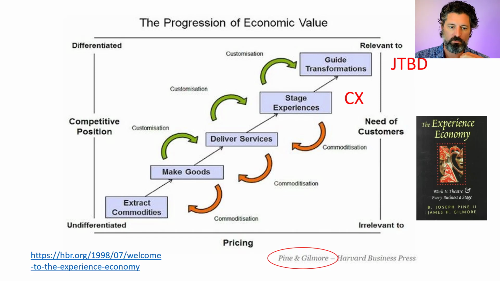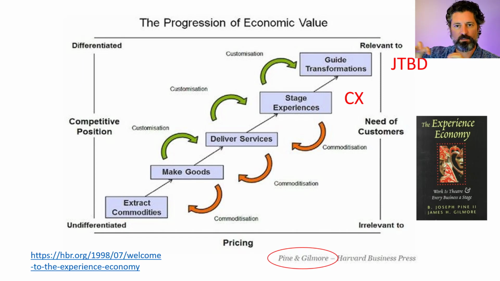So in sort of historical economies that are underdeveloped, we're dealing in commodities, right? We're extracting commodities from the earth, and we're getting them to market where people can buy them. As we develop a little bit more, we're starting to make goods. The next evolution is we're starting to transition into a service economy, where the bulk of our GDP is being provided by services around those manufactured products.